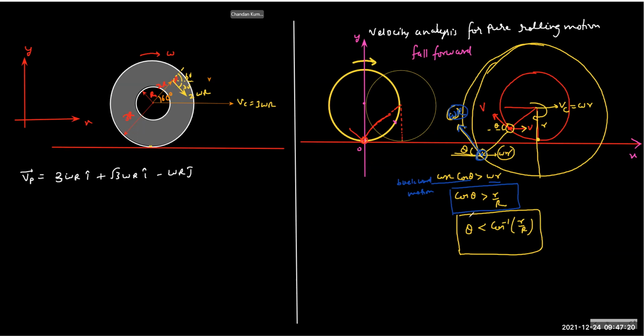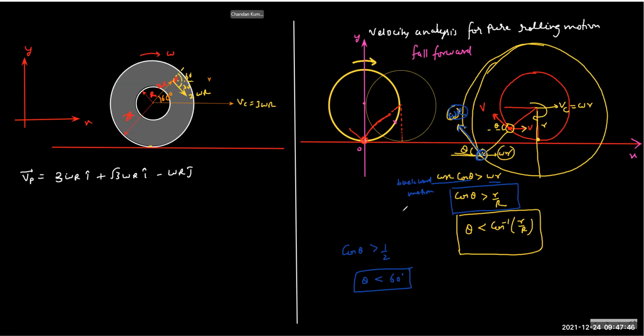Let's say cos theta is more than half, then theta must be less than 60 degrees. This is a problem of trigonometry. If you know trigonometry, you can do this. It's a very basic thing in maths.